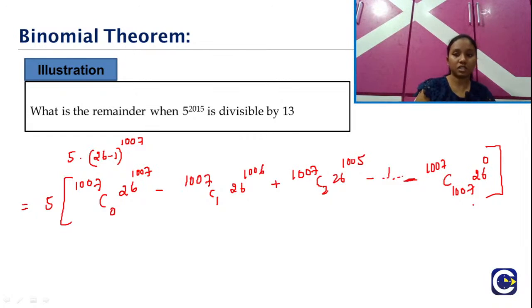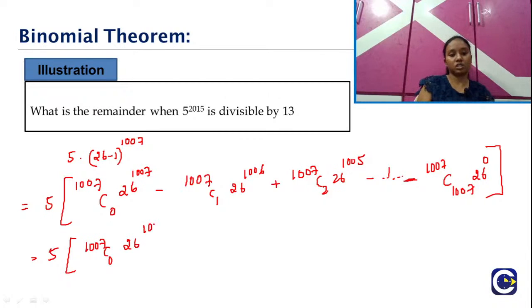Right, so let's expand this further. Here 5 into 1007 C0 26 power 1007, and the same thing minus 1007 C1 26 power 1006, and so on. The only difference we can see is it's a minus 1 at the last.